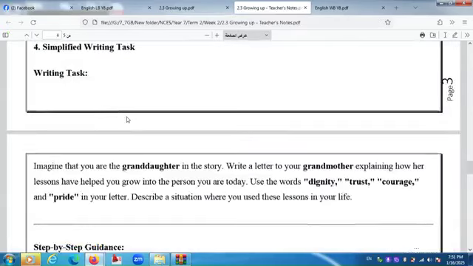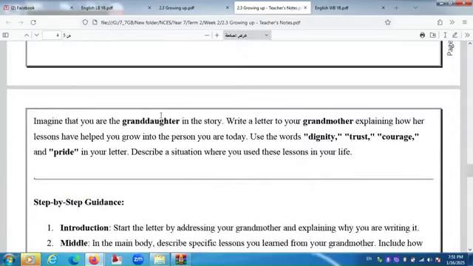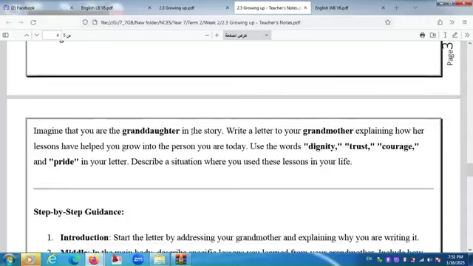I have a writing task and a sample. Imagine that you are the granddaughter in the story. Write a letter to your grandmother explaining how her lessons helped you to grow into the person you are today. Use words like dignity, trust, courage, pride in your letter and describe the situation.